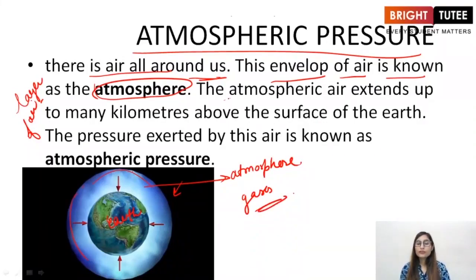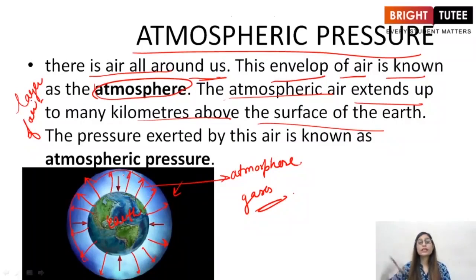Now the atmospheric air extends up to many kilometers above the surface of the earth, many hundreds of kilometers. The pressure exerted by this air is known as atmospheric pressure.